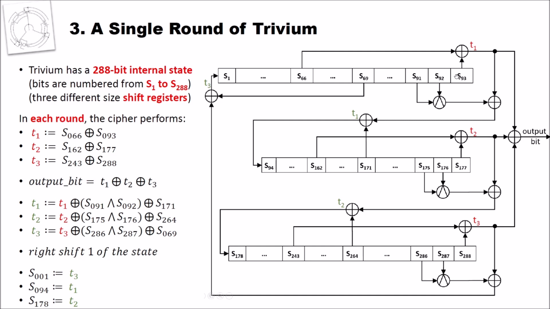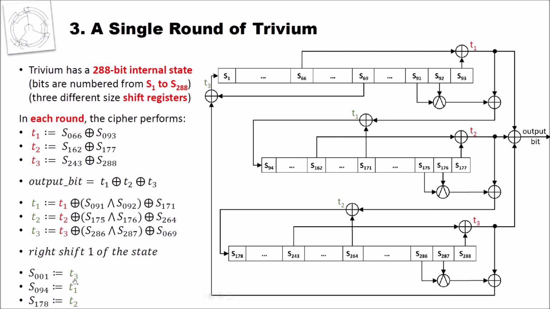The last bit of the state of this shift register then is omitted. So S93 is removed or falls out of the shift register, and S92 goes into S93. Here's the same. S177 goes out of the shift register, and S176 goes into S177, and the same in the last shift register.